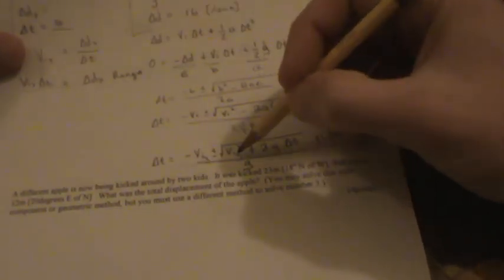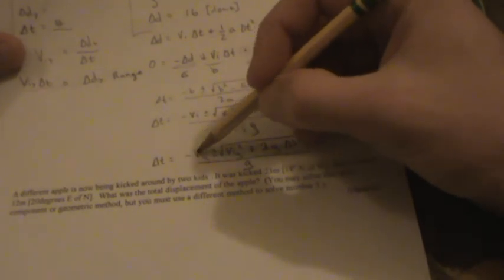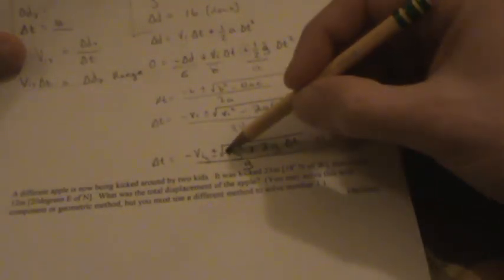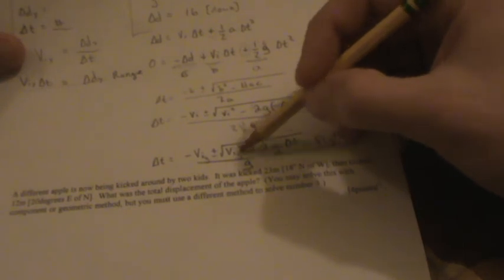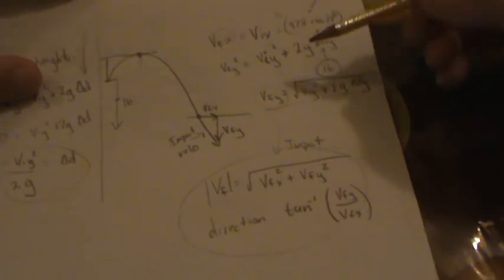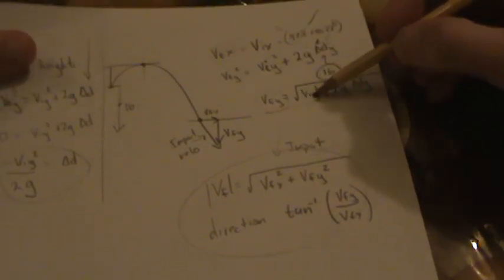These are negatives. So for example, this is a negative initial velocity. This is a negative initial velocity squared, which actually will become positive. Over here, this is a negative initial velocity squared, which will become positive.